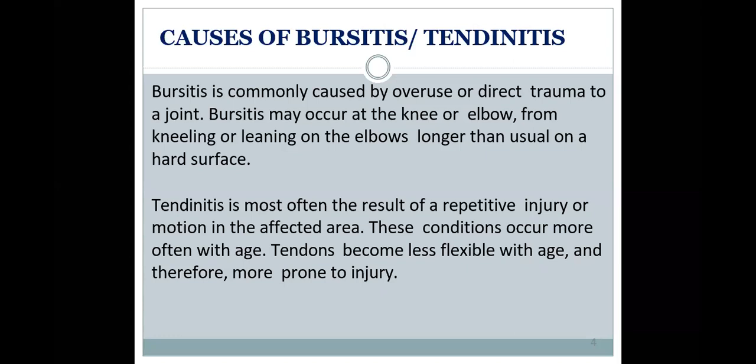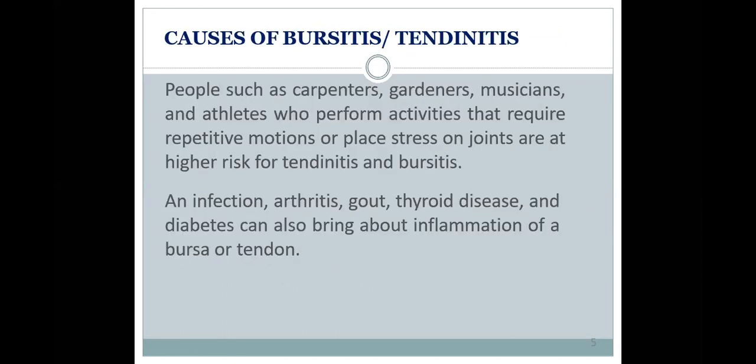And tendinitis is most often the result of repetitive injury or motion in the affected area, and this condition occurs more often with age. As age progresses, tendinitis occurs more, and tendons become less flexible with age and therefore more prone to injury.